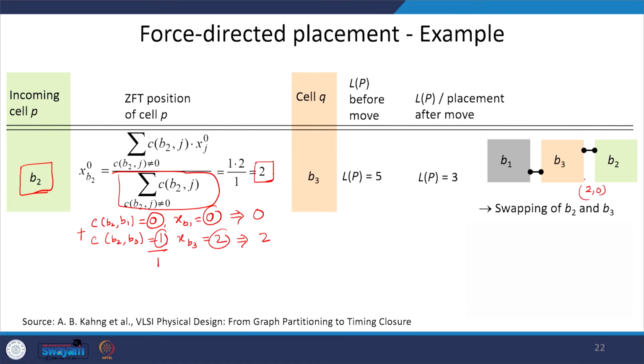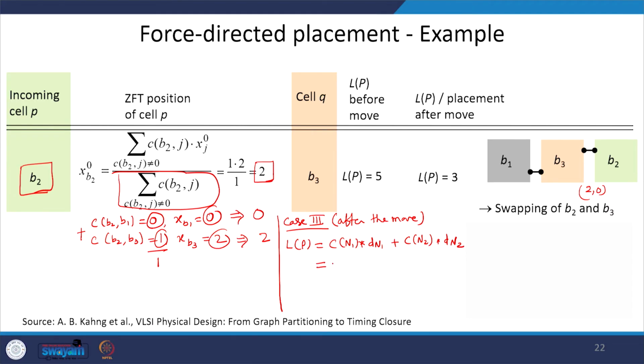Now, if I do this move, what is the change in L of P? After the move, let us say case 3, L of P is C of N1 into D of N1 plus C of N2 into D of N2.